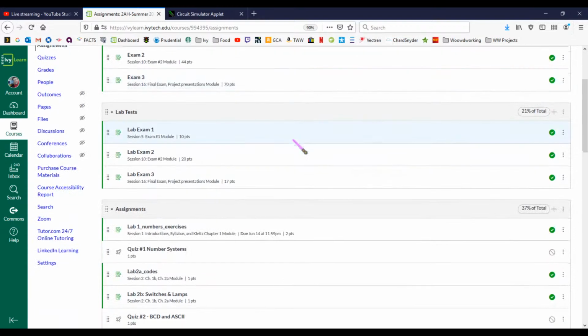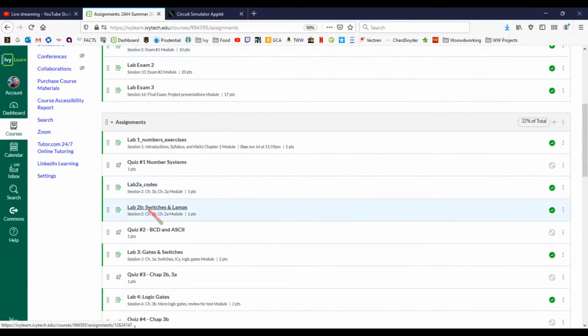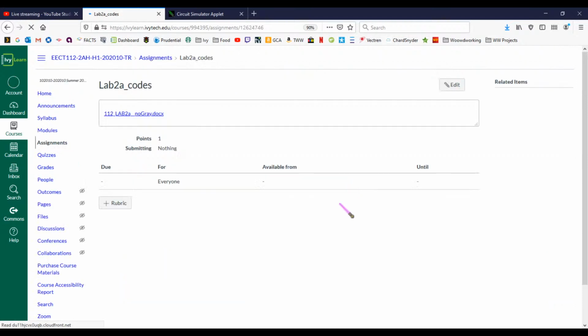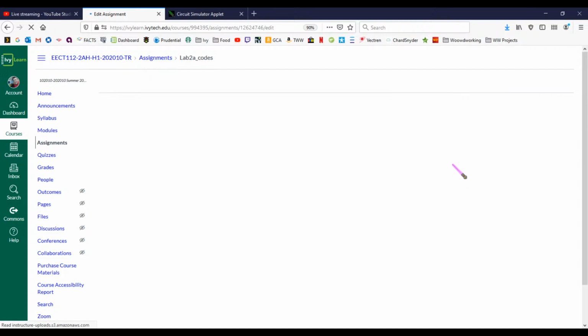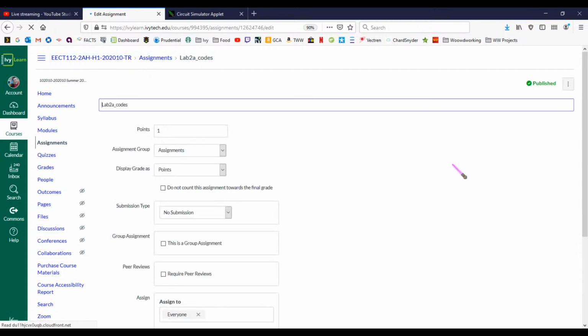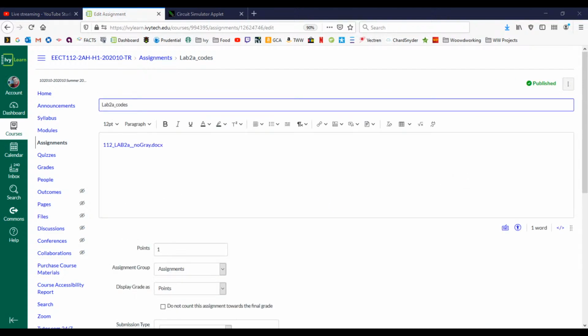So I'm going to scroll down to Lab 2. Don't worry about the switches one. I'm just going to go ahead and unpublish that one because that one we would have to do in class. So this Lab 2A codes. All right, I'm going to edit this. And today is the 11th. I'll give you until the 18th to turn this one in.